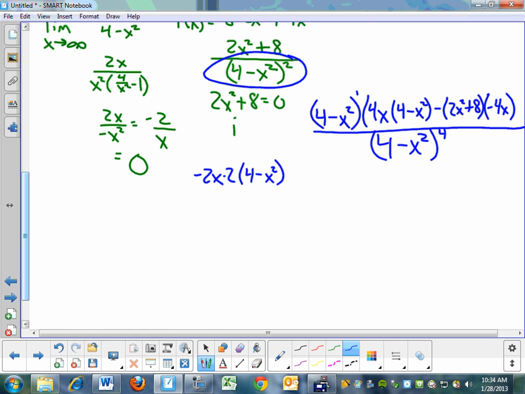I'm going to cancel one of the top ones with one of the bottom ones. So, 4x, let's distribute this top, so we'll cancel this off with one on the bottom, reducing it to 3. So it looks like we're going to have 16x minus 4x to the 3rd. And then I need to distribute this negative 4x, plus 8x to the 3rd, and plus 32x.